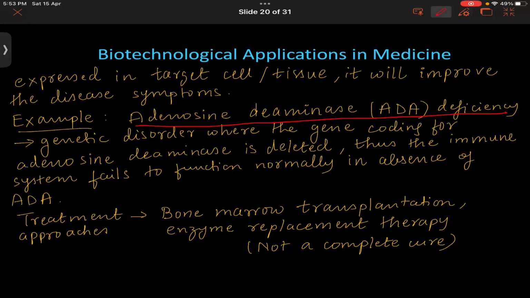Because of this deficiency of adenosine deaminase, the immune system of the individual fails to function normally, and that person becomes very susceptible to even simple diseases like the cold. So the life expectancy of that individual decreases.